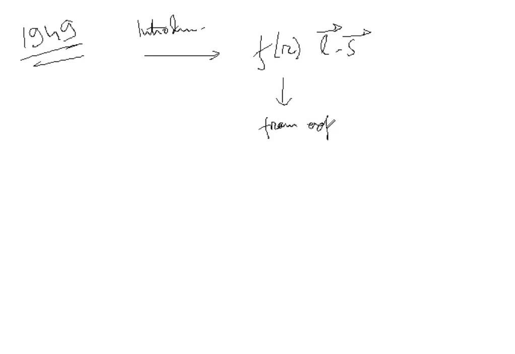But later on, Maria Mayer and Haxel Jensen and Suess independently introduced a term of spin-orbit interaction, similar to what we find in atomic physics, and the nature is like this, where F(r) is a radial function that should be obtained by comparing with experiments. Okay, so let's see what we can do now.